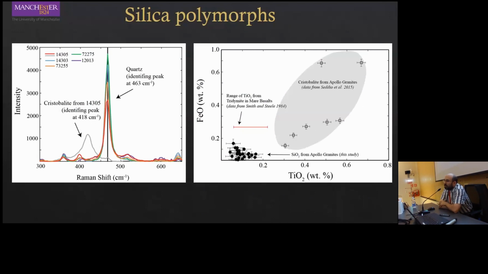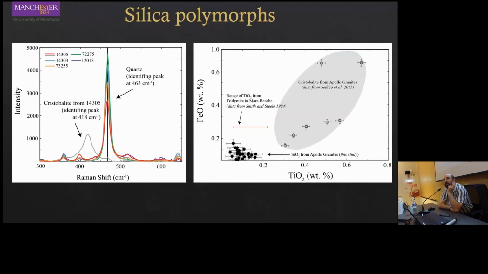And there's a few papers out there that have suggested that in fact, granites crystallized as tridymite, and later at some point after these samples had cooled, they'd undergone a sort of decompression event, causing a phase transition from tridymite and cristobalite to quartz. And I think we can see this somewhat in our data.